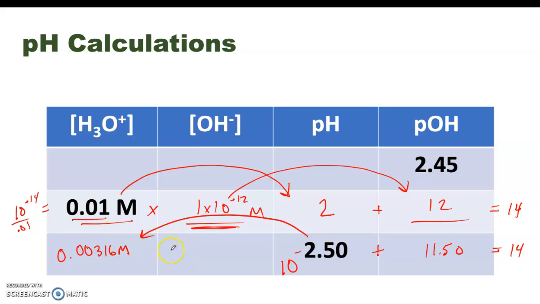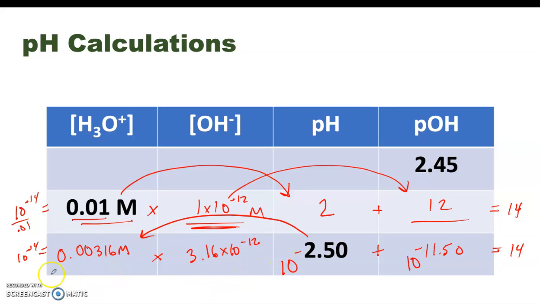Now you can either do the times equals 10 to the minus 14. I find it easier to just go 10 to the negative 11.5. I find that's easier to type into my calculator. And you get 3.16 times 10 to the minus 12.